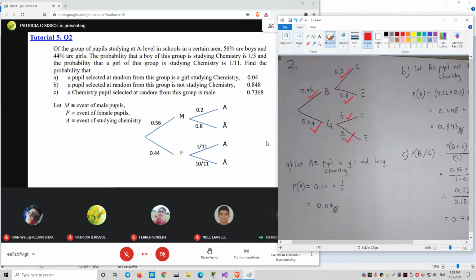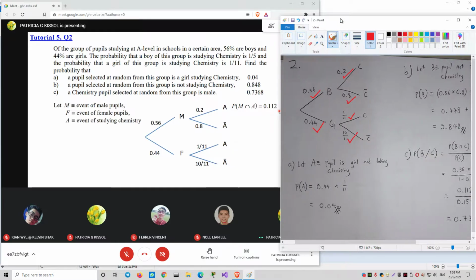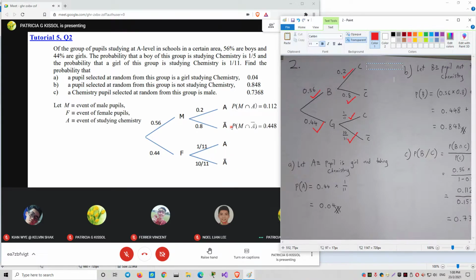Now, the next thing you should be doing is to list out all the joint probabilities. Probability of M and A is 0.56 times 0.2, which gives us 0.112. Same thing for M and not A, which gives 0.448.